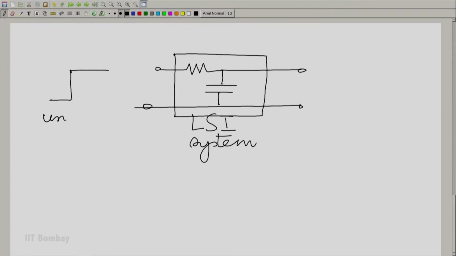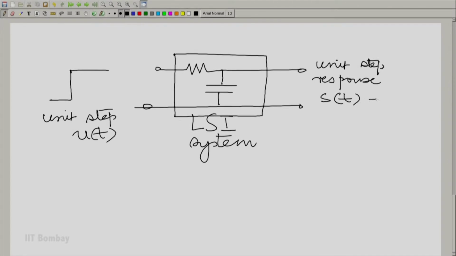We gave it the unit step and we know the unit step response. The unit step was u(t) and the unit step response s(t) as we called it was (1 minus e raised to the power minus t by tau) times u(t), where tau is equal to RC. R is the value of the resistance in ohms and C is the value of the capacitance in farads.